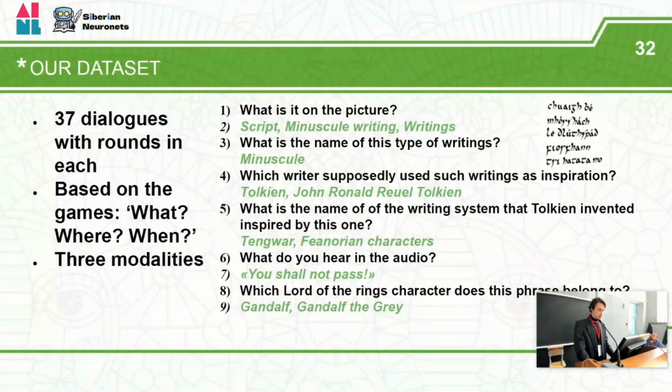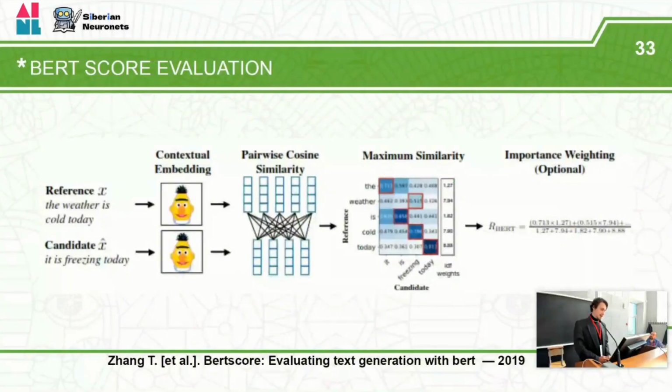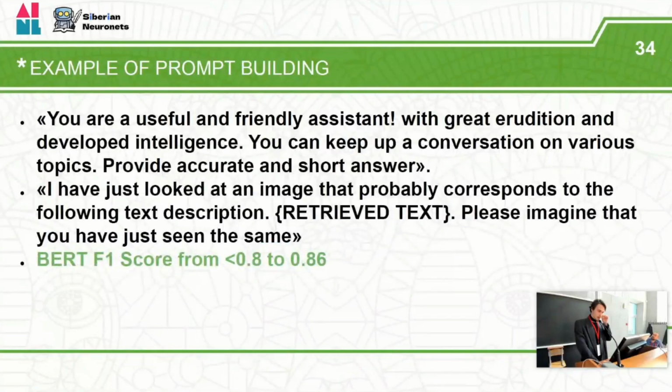We also gathered a very small dataset in the competition based on the games What? Where? When?, with 3 modalities each time, up to 10 dialogues, approximately 5 in one. And for evaluation here, we tried BERTScore to get a semantic evaluation of the meaning.